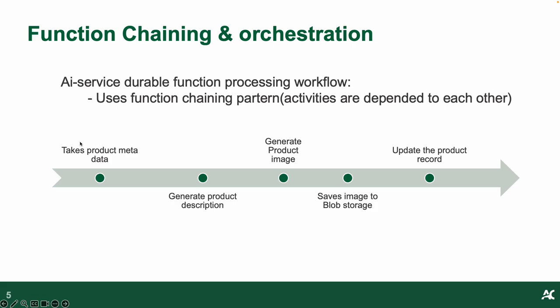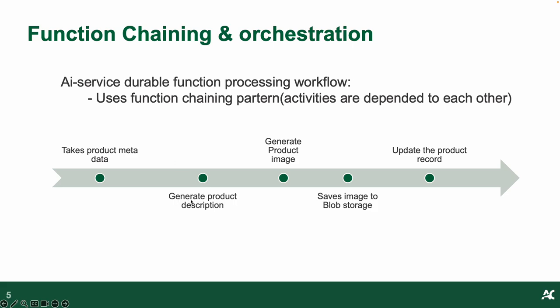to each other. So the proposed model is to have a durable function which has an orchestrator that would take a product's metadata, and after taking the product's metadata, it would call on different activity functions.